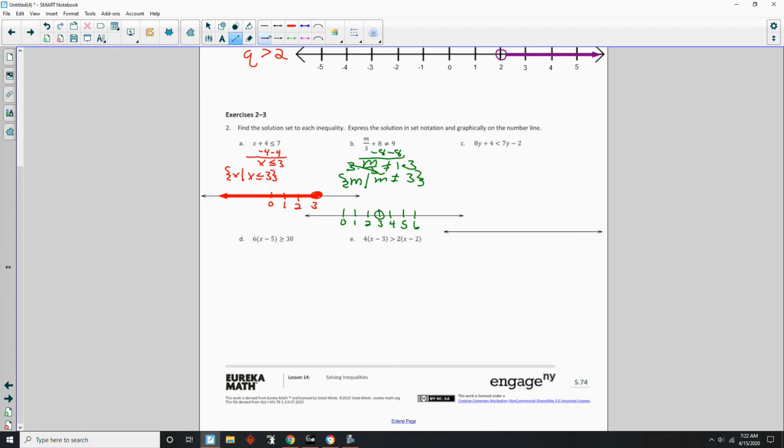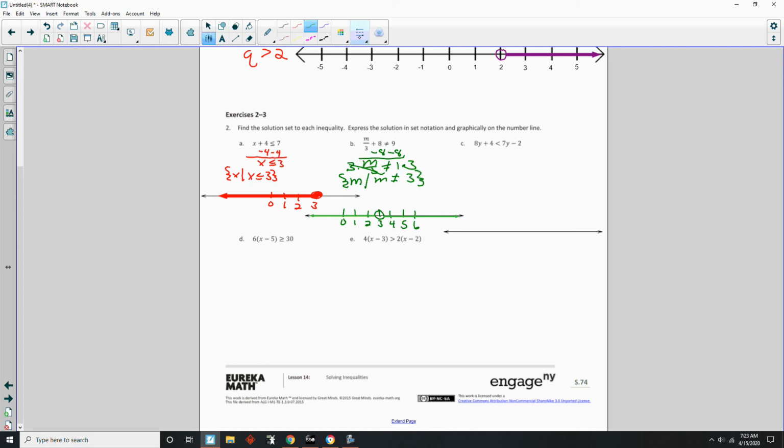And then to graph this, it's just everything greater than or everything less than 3. So it would look like this. Going this way, should probably make that a little thicker, but that's okay. You get the idea. And then this. So this is what my graph should look like: all values on the number line except 3.